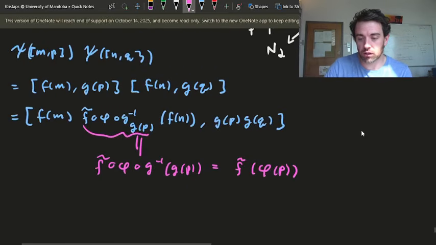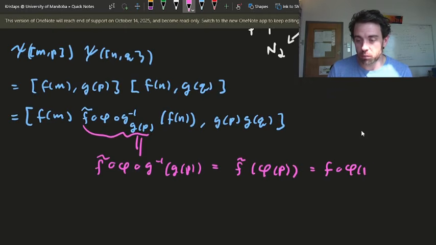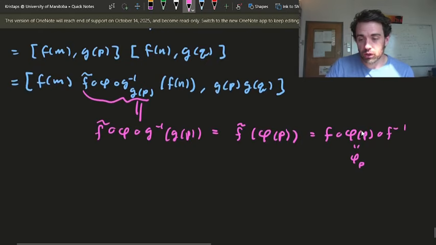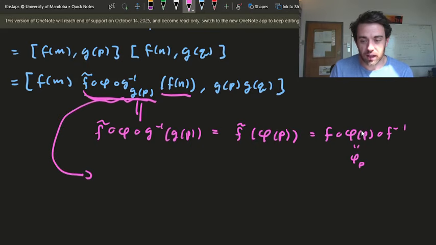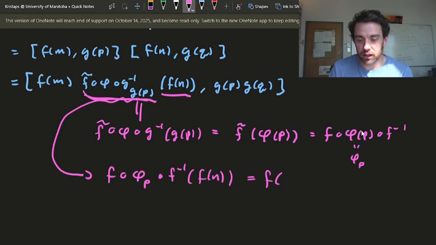And so it makes sense to write this as f composed with phi p, being an automorphism, composed with f inverse. And we can even write this as phi lower p to help not get confused. And we're going to need to write it like that in just a moment anyways. So if we take that whole thing and now plug in fn to this, what we get is f composed with phi p, composed with f inverse, evaluated at fn, which is phi of fp evaluated at n.